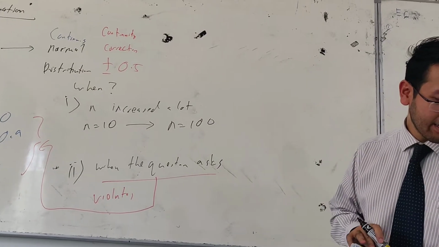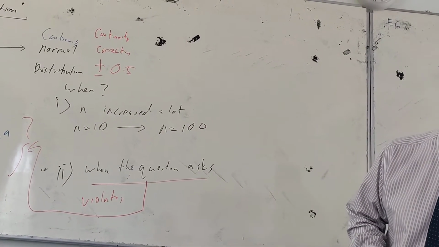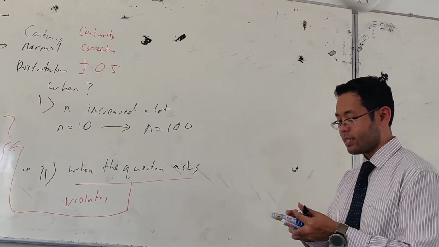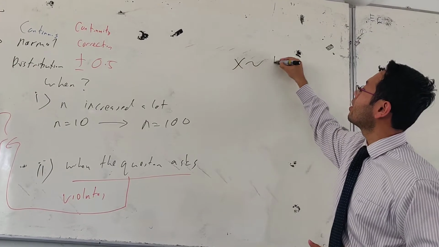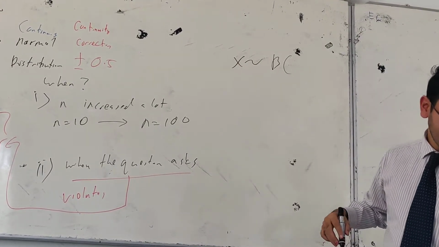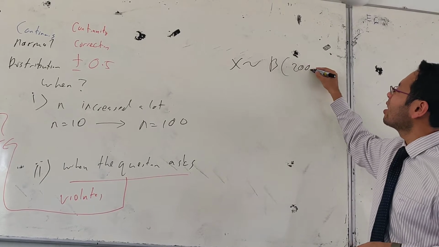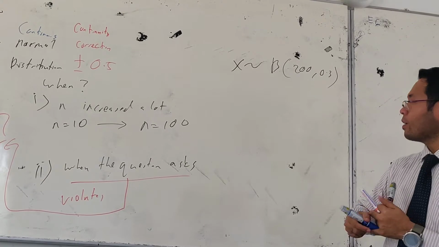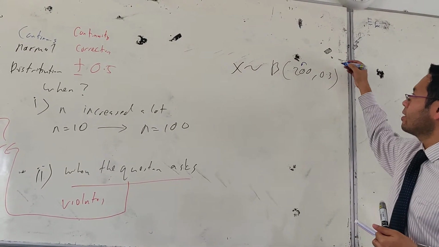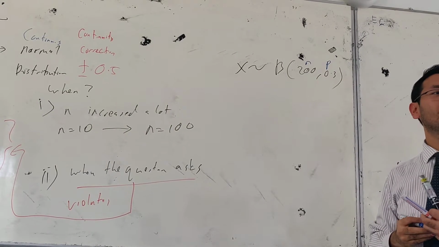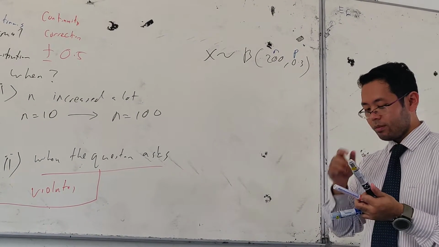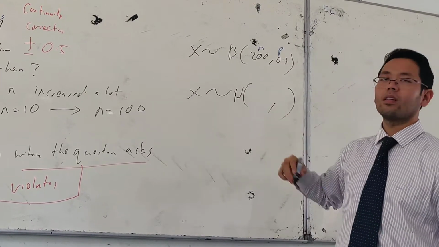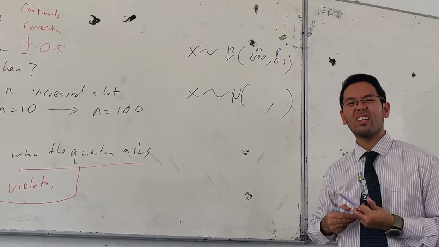Let's say you are given something like this. Let's say you start with X binomial where you're given 200 and 0.3. What can you say about the 200 and 0.3? 200 is the n and 0.3 is the p. So when you try to find the normal, what's the mean going to be?